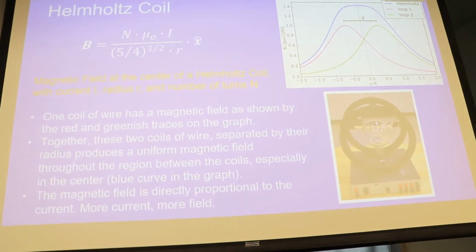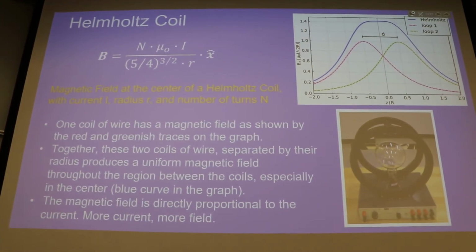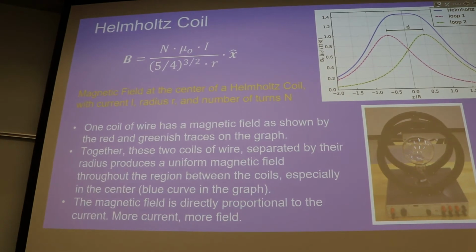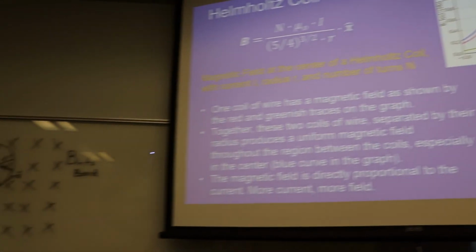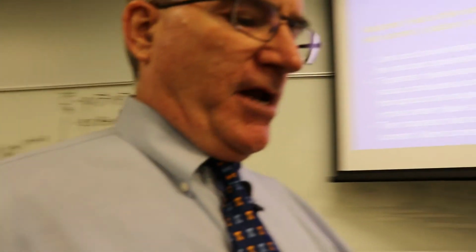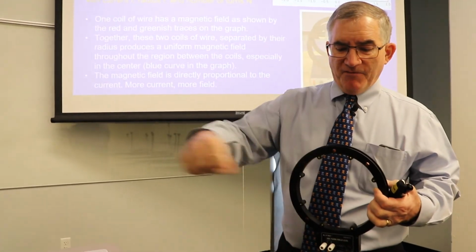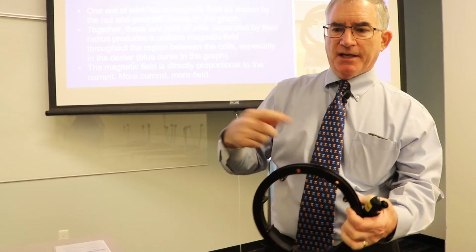And the last thing, there's a lot of stuff in this lab, just theoretical stuff. If you take a coil of wire, now I have a coil of wire right over here. If you take a coil of wire like this right here, and you send current through it, what'll happen is you'll have a B field that comes out all around this thing like that.